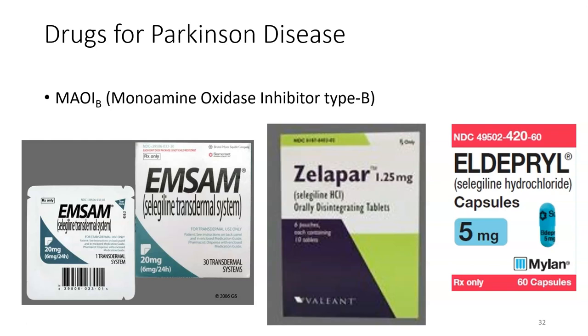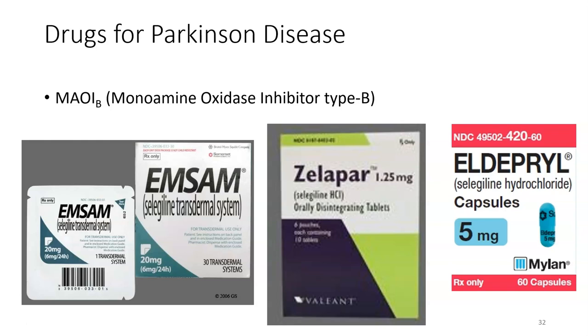The drug most commonly used as an MAOI is selegiline. It comes in patches known as Emsam and Zelapar. It's also given orally. It's also known by the brand name of Eldepryl. If we think most patients who get Parkinson's disease are elderly, we can have an association there.